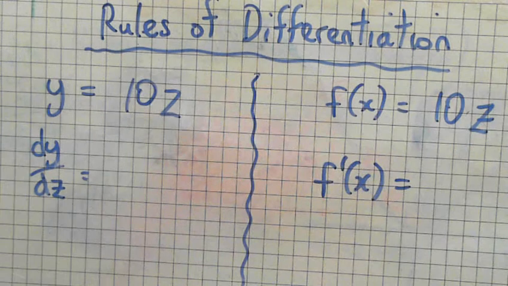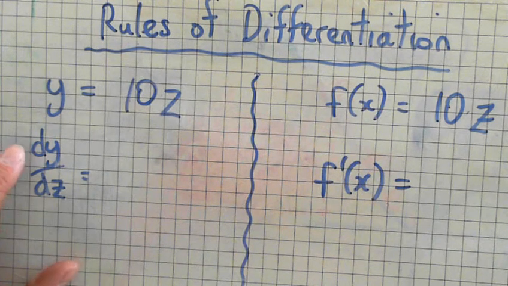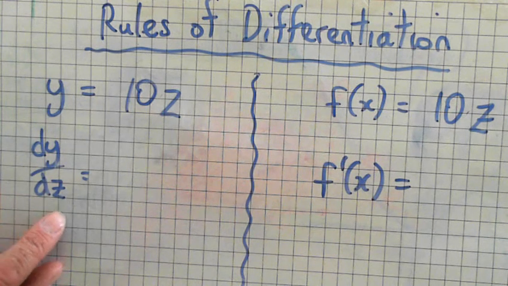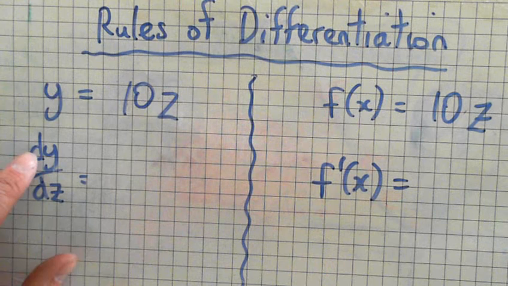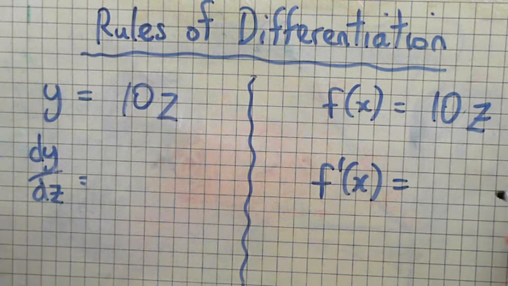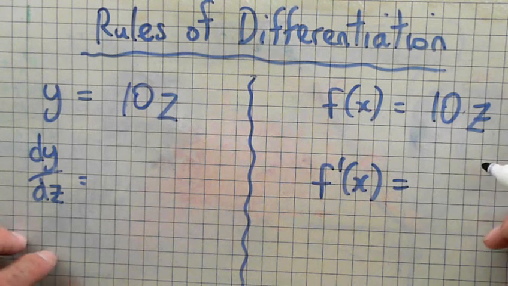What does D stand for? Differentiation. So I'm going to differentiate y with respect to z. So you're looking at the changes in y with respect to the changes in z. I'll explain what that means in a little while.